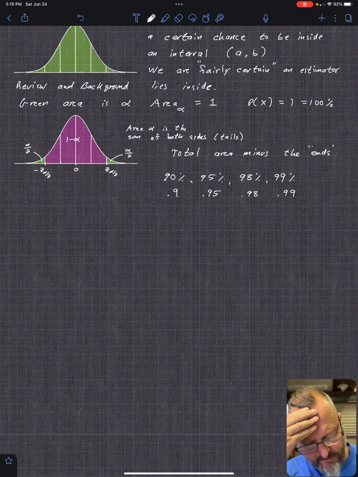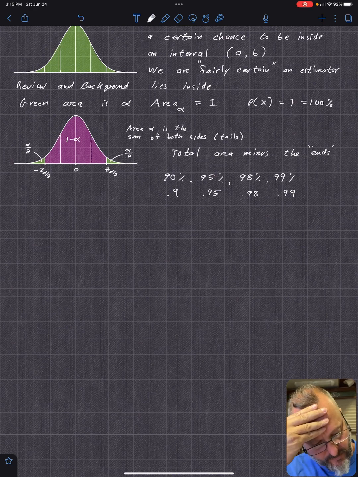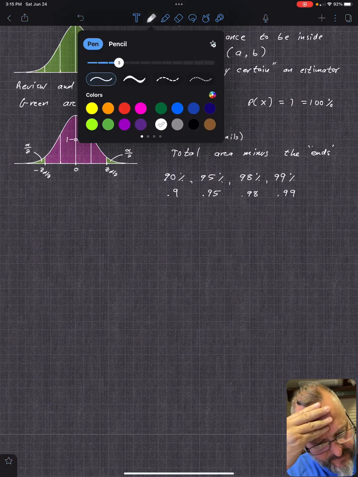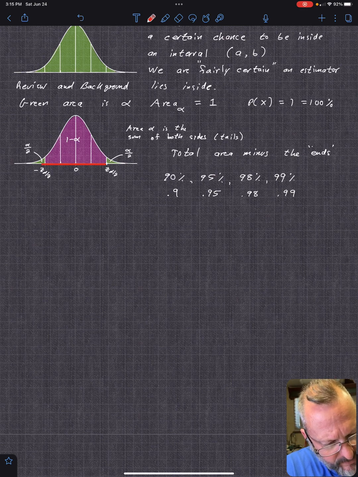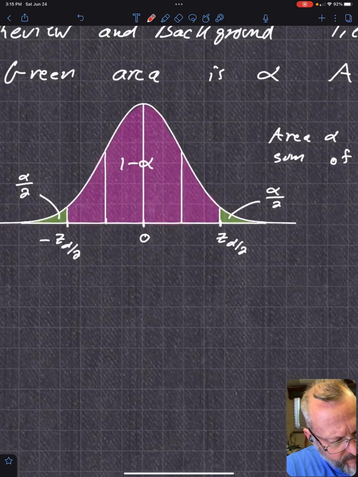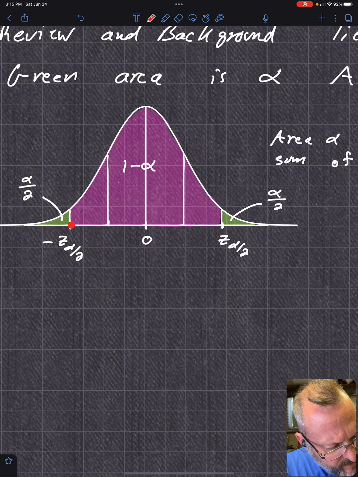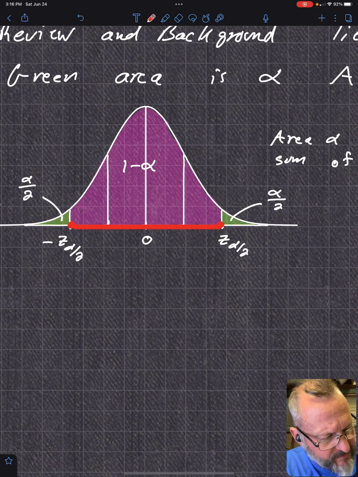Okay, so those are the confidence intervals we will create, and these values in between is the confidence interval. So that's what we, oops, we went a little too far, didn't I? So from here to here, that's what we mean by the confidence interval.